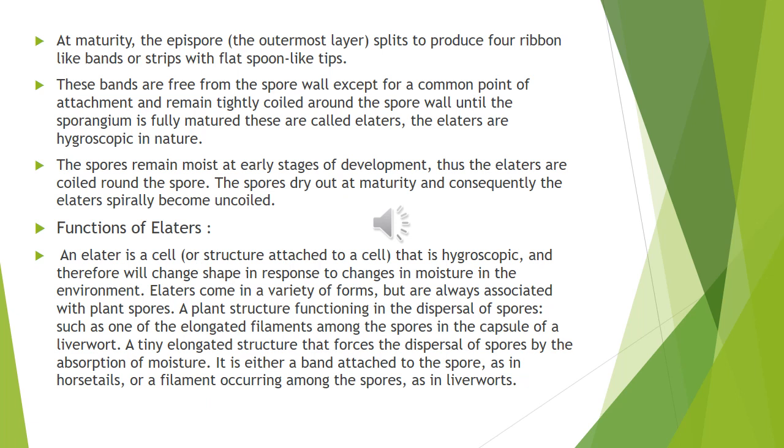An elater is a plant structure functioning in the dispersal of spores, such as one of the elongated filaments among the spores in the capsule of a liverwort. It is a tiny elongated structure that forces the dispersal of spores by an absorption of moisture. It is either a band attached to the spores, as in horsetails, or a filament occurring among the spores, as in liverworts.